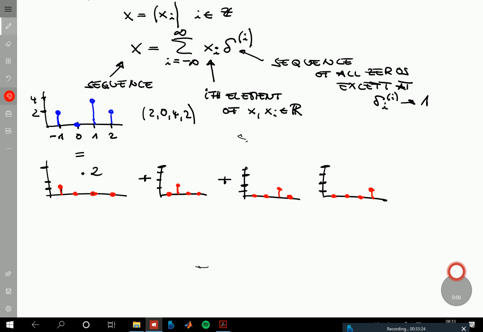The first one we multiply with 2, the second one with 0, the third one with 4, and the last one with 2. Then if we add all of those, because each time we multiply this 1 with the respective entry of x, we get x back. So that's the meaning of this representation.